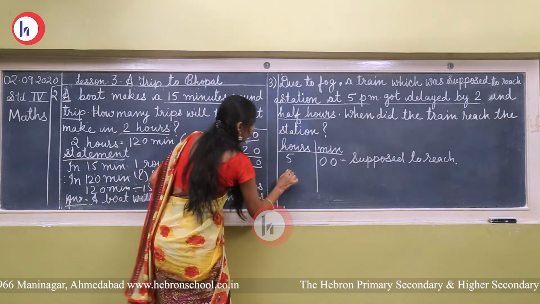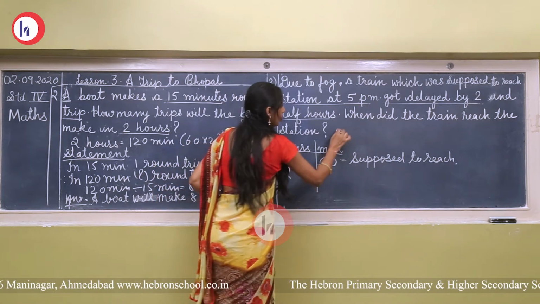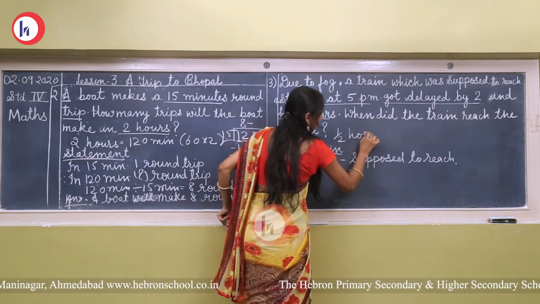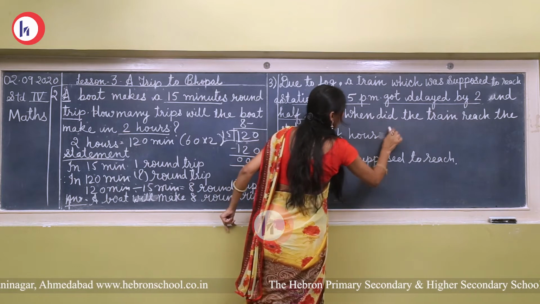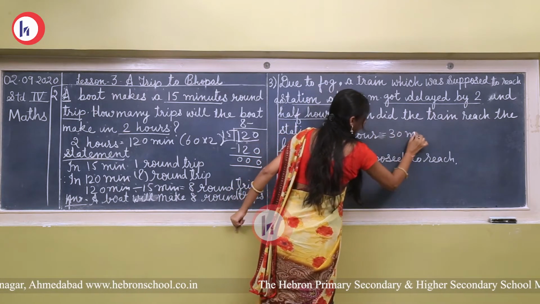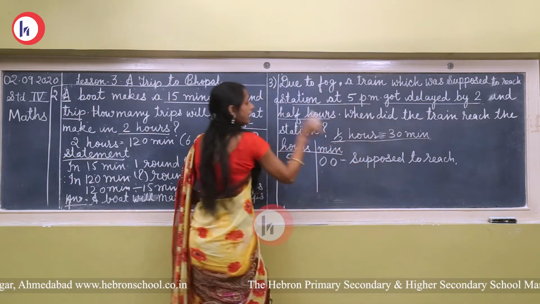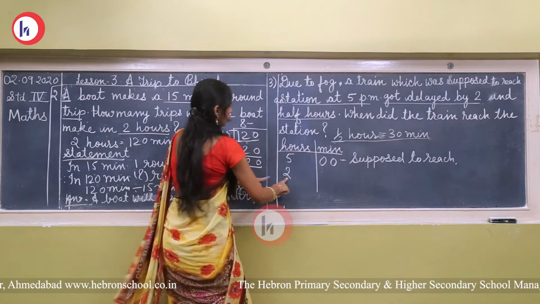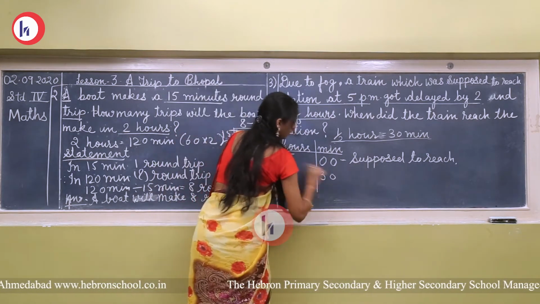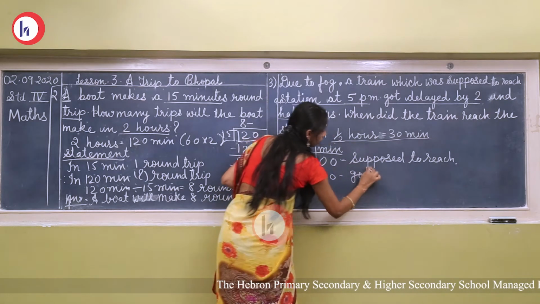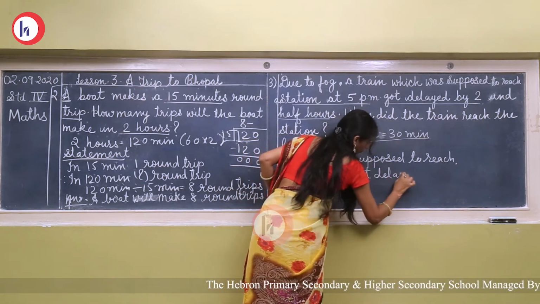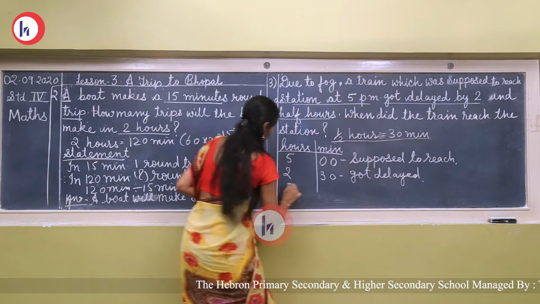So 2, here we have to write, and half hour means 30 minutes. Okay, so you have to remember that. So 2 hours and 30 minutes got delayed.